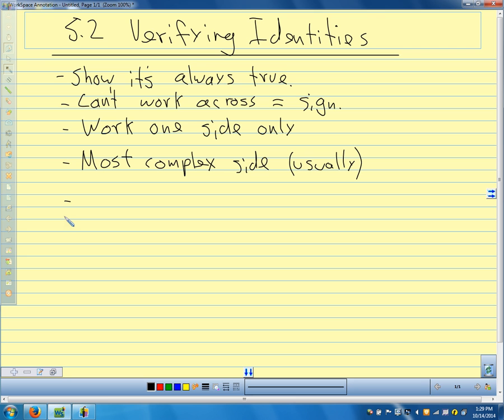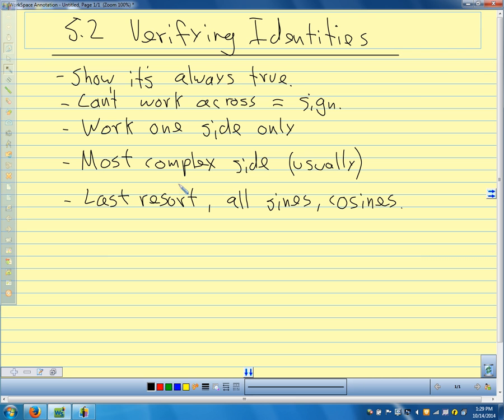As a last resort, you can convert everything to sines and cosines. So what I want to do is just go through some examples of verifying identities using things that we already know, following these guidelines, and talk about how we go about these things.